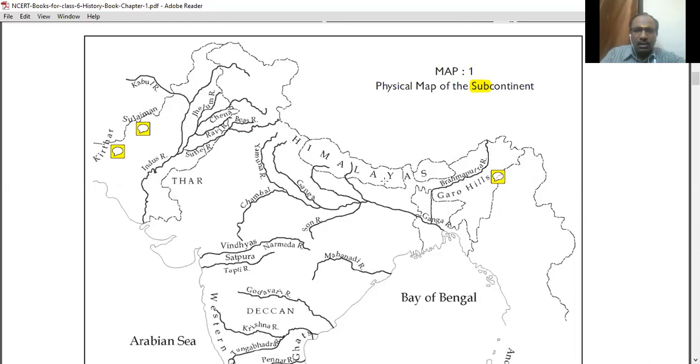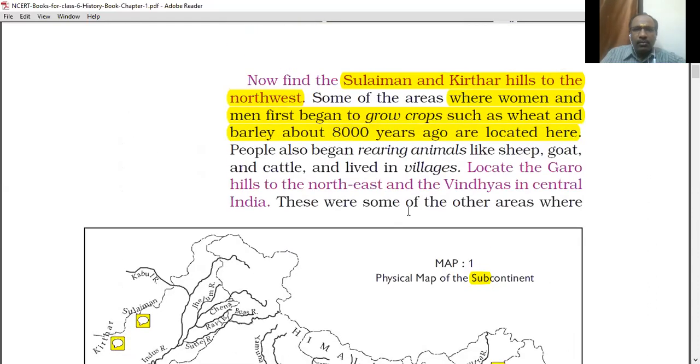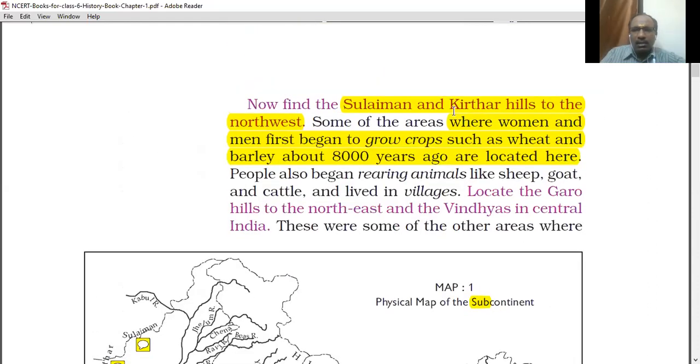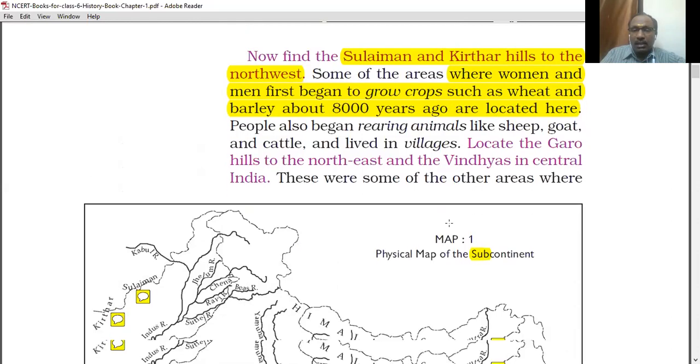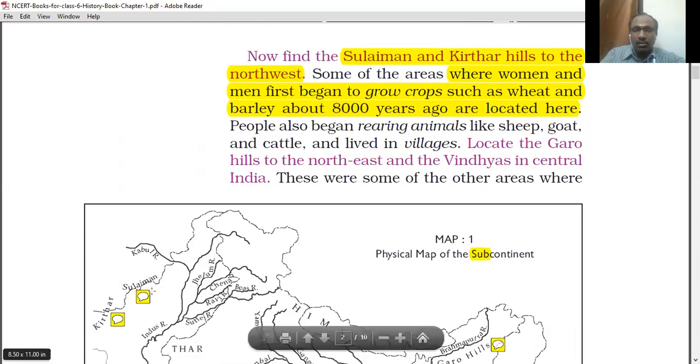These are important things we first come to know. The Sulaiman and Kirthar hills to the northwest were some of the areas where women and men first began to grow crops such as wheat and barley about 8,000 years ago. They grew them in this particular area, that is, Kirthar and Sulaiman.